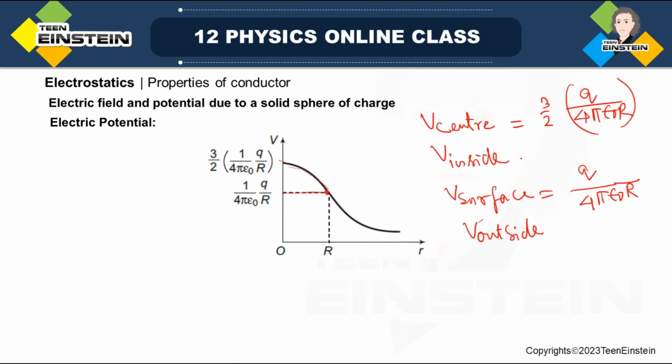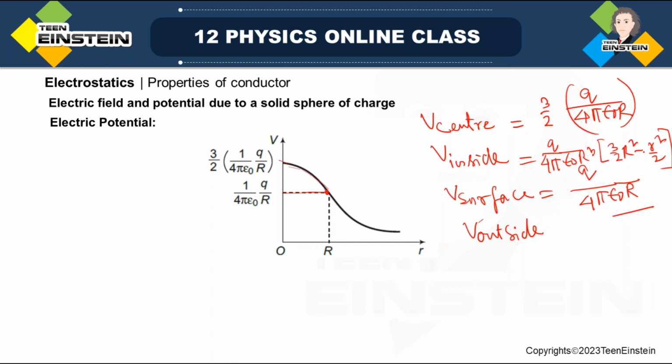So we have seen at any point inside, we have already calculated, that is q by 4 pi epsilon naught R cube, and this is 3 by 2 R square minus r square by 2. This is the value at any point inside. For the surface we have calculated: surface means r is equal to R, so you can just put it here.